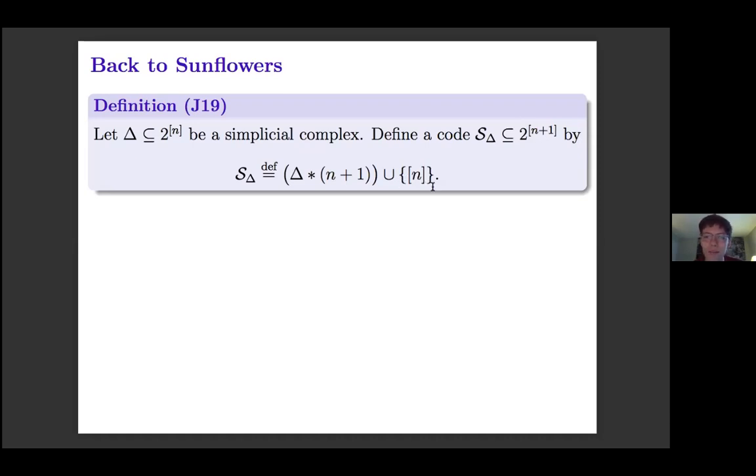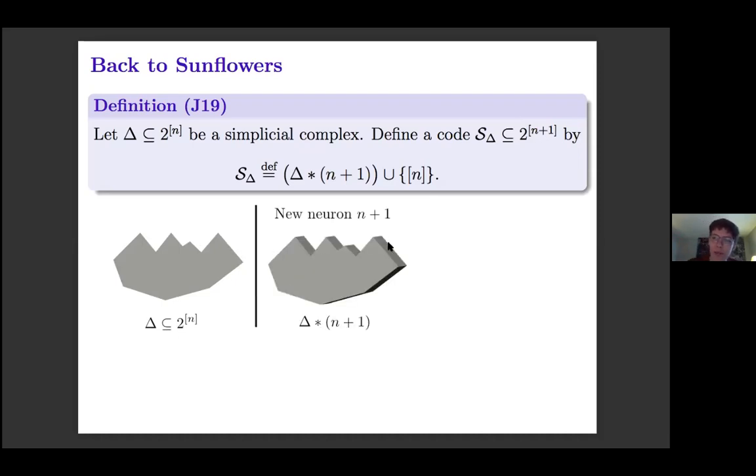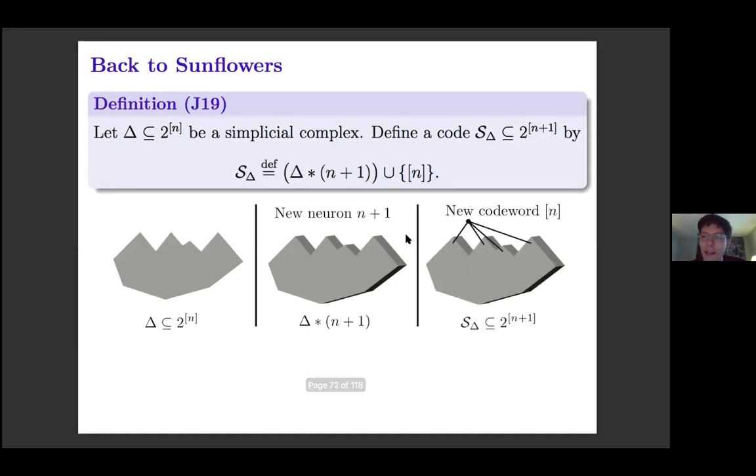1 through n. And if we want to think about how this treats the partially ordered set of your code, I start off with some simplicial complex where I have some facets, and then everything below them is also in my code. I'm going to thicken my poset a little bit by adding this new neuron and copying everything over a little bit. And then I'm going to add a new code word.